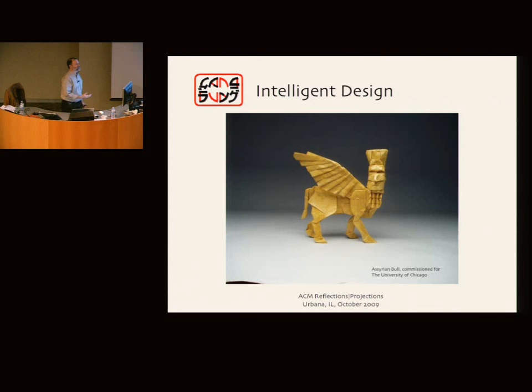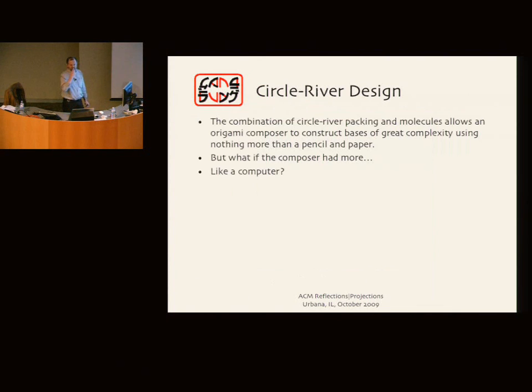And this system of design, called the circle river method of design, was so powerful that people could run right out and with nothing more than a pencil and paper design extremely complicated origami figures. But it's so systematic, so step by step, so algorithmic, that you can now ask the question, can I automate it? Could I do more if I had more than a pencil and paper? What if I had a computer?